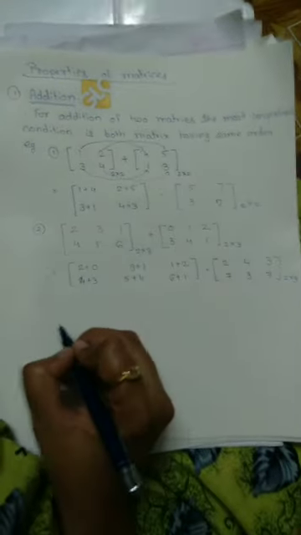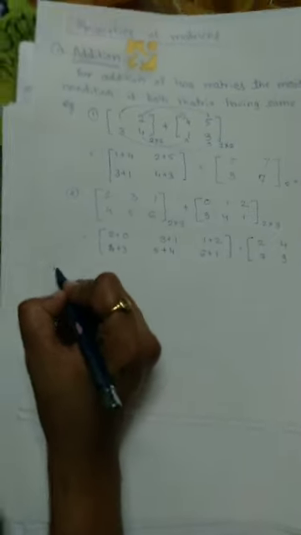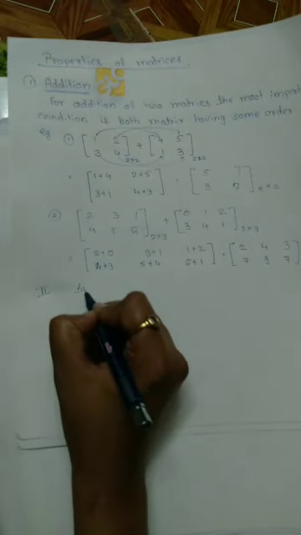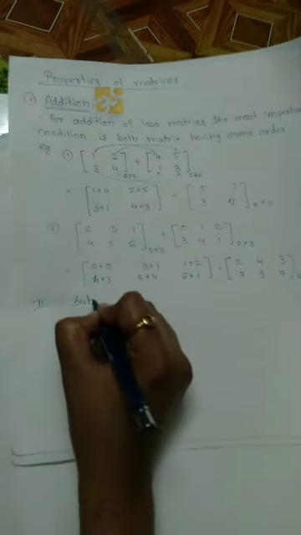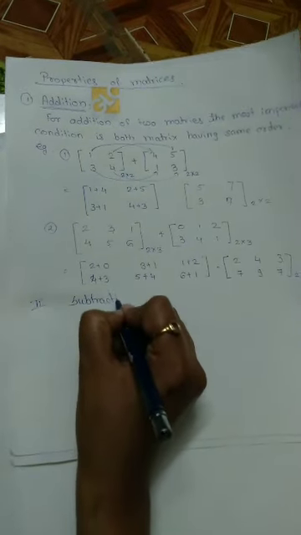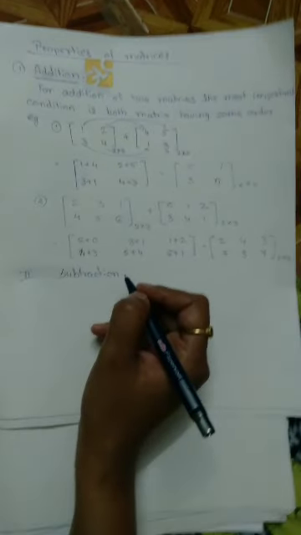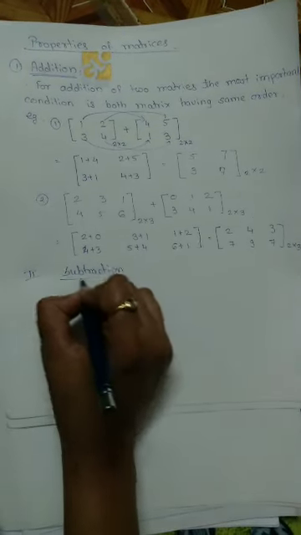Similarly, our second property is subtraction. So this is our second property. Now how to subtract two matrices?